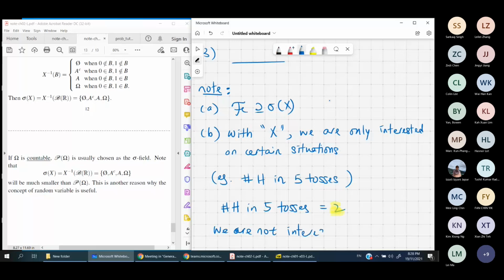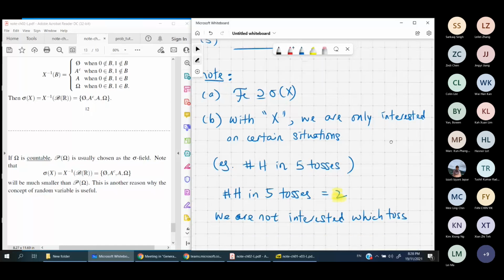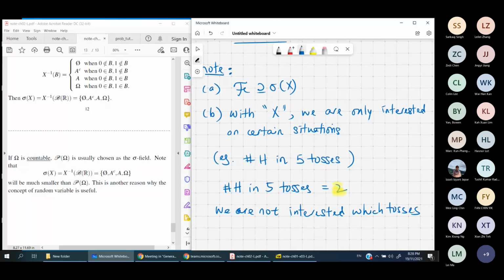We are not interested in which tosses give heads. It could be the first toss and the third one, or the first and the fourth, or the third and the fourth, but we don't care as long as 2 heads occur in the 5 tosses. We're happy already. So with this X we are only interested in certain situations, only certain cases.